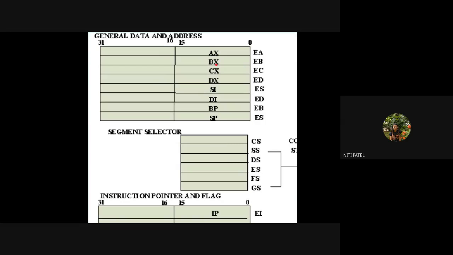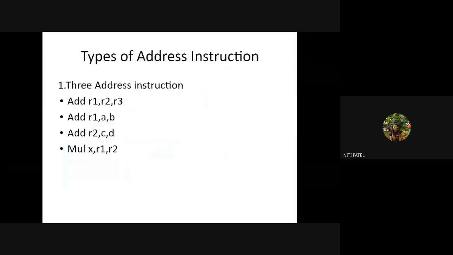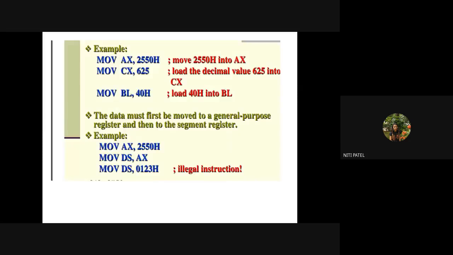Which are my index registers? Source index and destination index are my index registers. क्योंकि उनके नाम में ही index है, therefore they are called index registers. So SI and DI are the index registers, which are part of the general purpose registers, and I have the base register, which is BX. Okay. So your register indirect is going to operate either with base register or index register. Now let us see how it is going to be written.